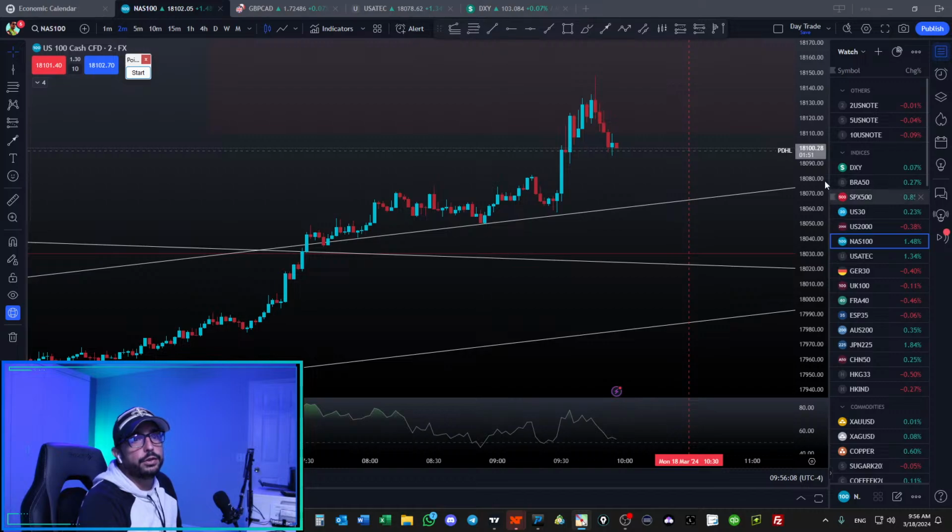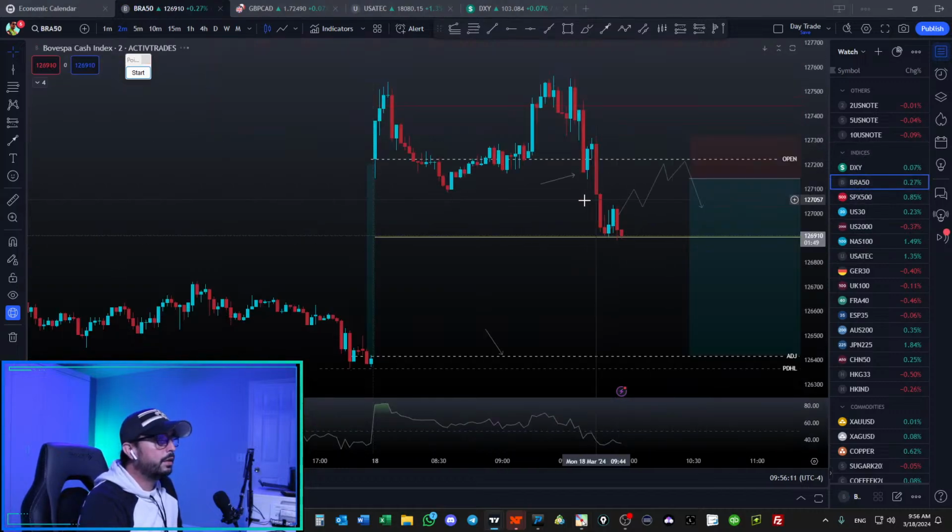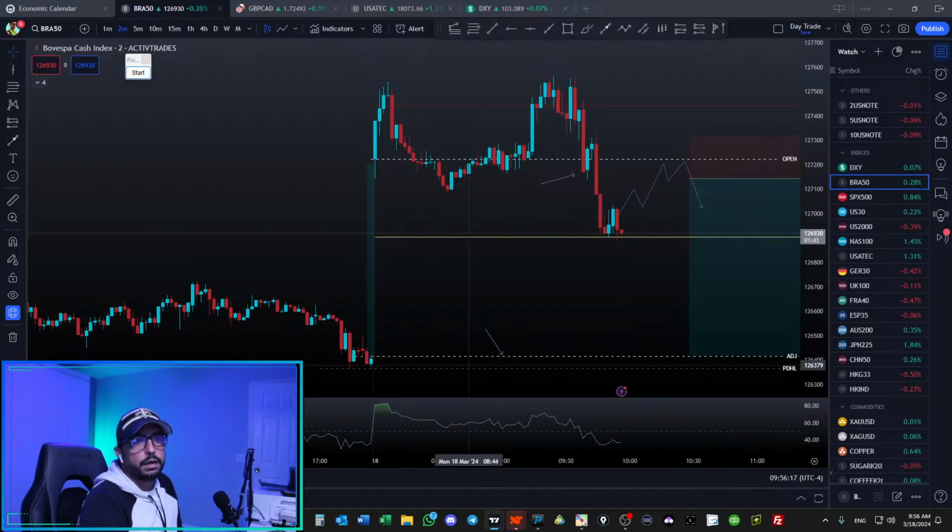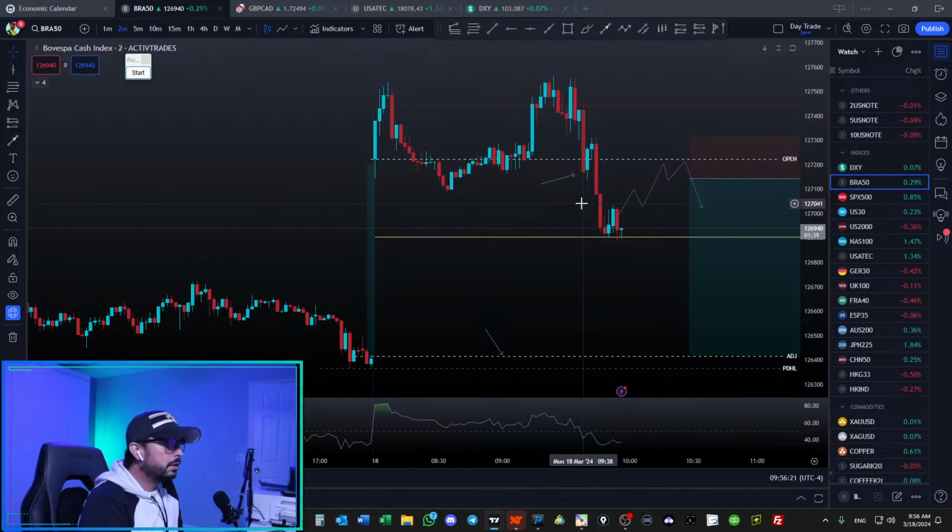I'm going to put a trade on the minute on the BR50 on a break of this, with a stop over here, looking for the low over there. So don't follow my trades, do your own analysis, but that's kind of what I'm looking at to do.